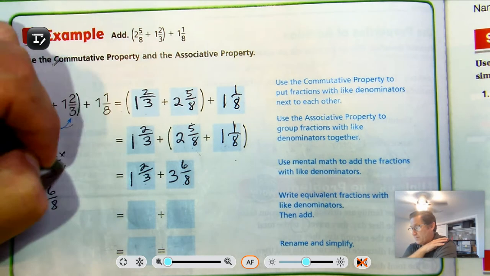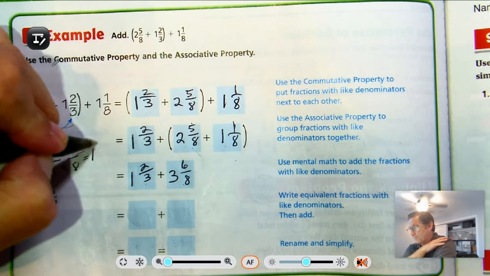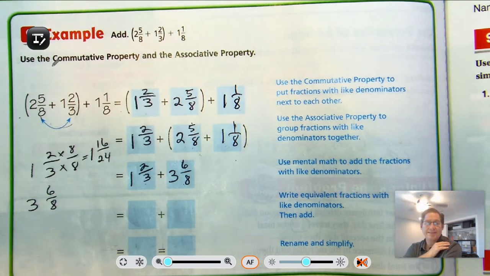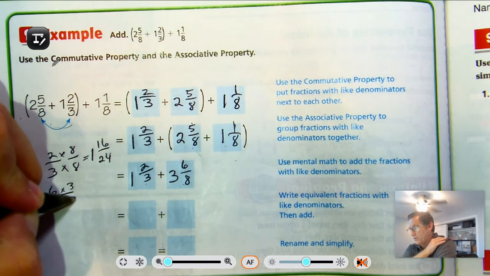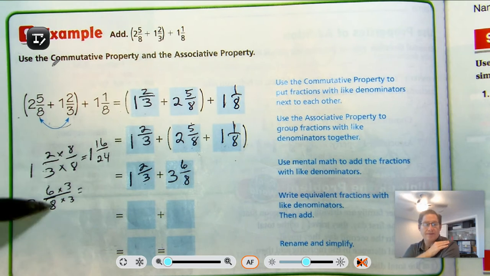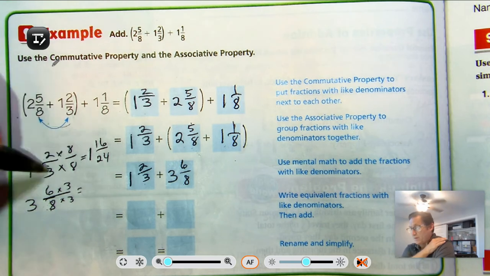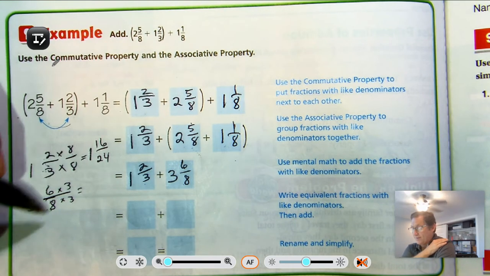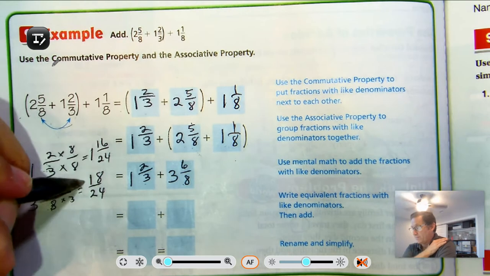So I'm going to multiply the 2/3 by 8/8 to get 1 16/24. I'll multiply the 6/8 by thirds. Okay, remember, we can find a common denominator by just multiplying opposite denominators. So I multiply the thirds by eighths, and I'm going to multiply the eighths by thirds. And that gives me 18/24.